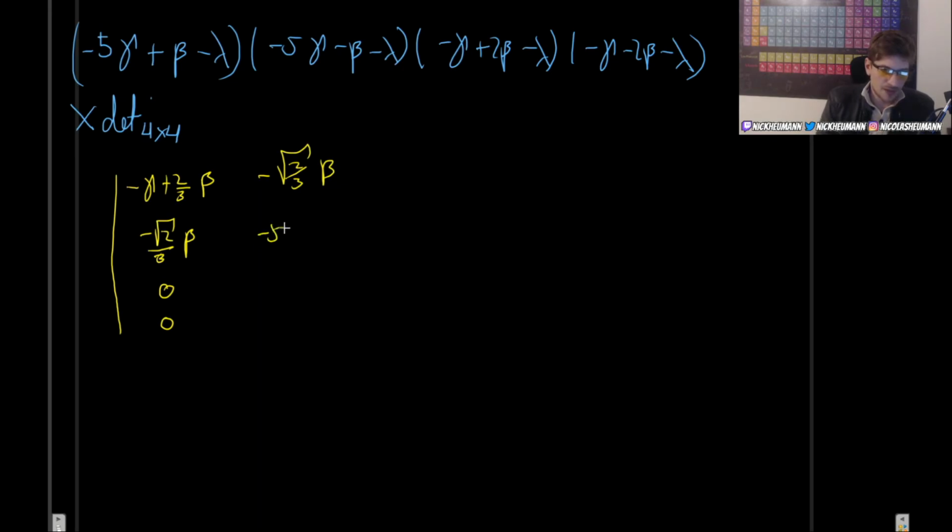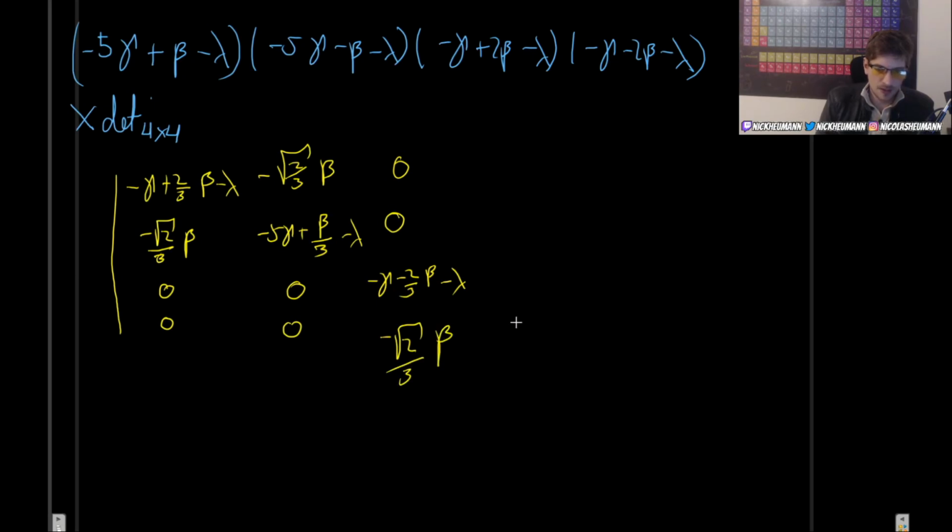Then we have minus 5 gamma plus beta over 3, 0, 0, 0, 0, minus gamma minus lambda, by the way. Don't forget about the minus lambdas. Minus 2/3 beta minus lambda, minus square root of 2 over 3 beta, minus 5 gamma minus beta thirds minus lambda, minus square root of 2/3 beta, 0, 0. So we have to find this determinant.